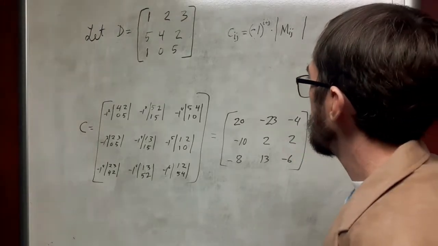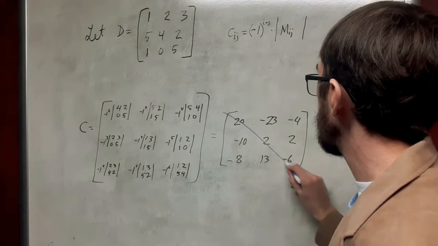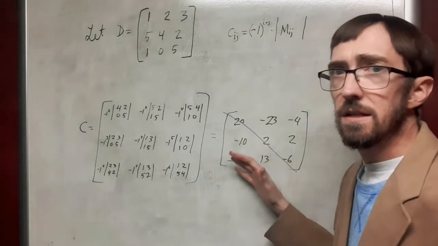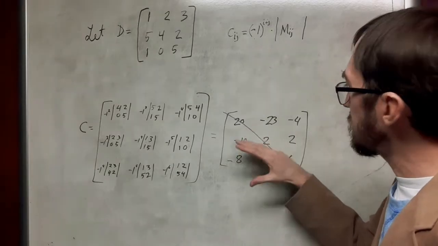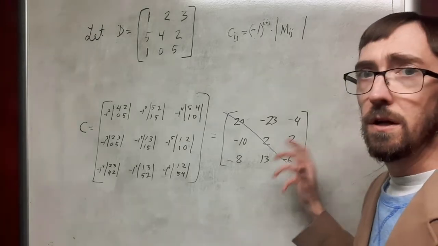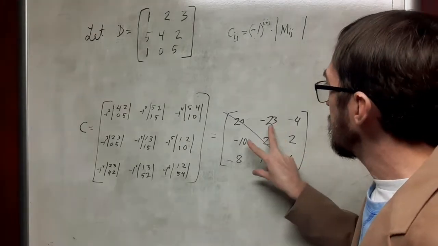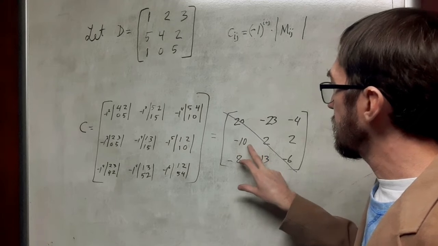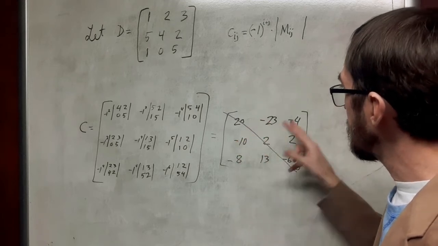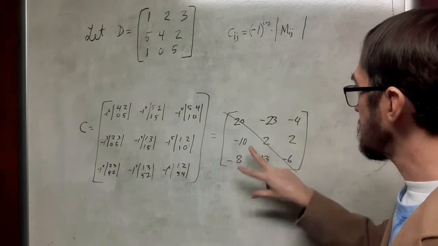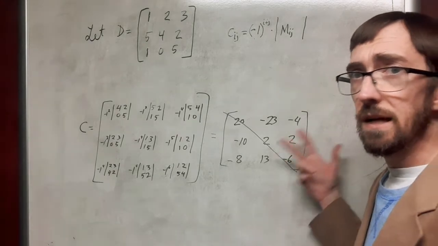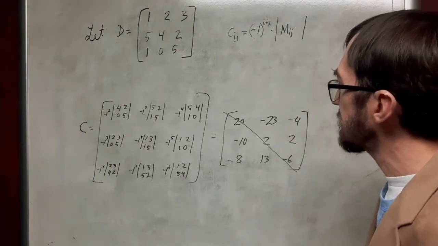The idea of the transpose is if you look at the main diagonal here and think of it as an axis, we're going to flip the numbers across this axis. Everything on the main diagonal is going to remain where it is, but the -23 and the -10 will swap places. They will rotate around this axis. -8 and -4 will switch places, and 13 and 2 will switch places as they rotate around this axis.